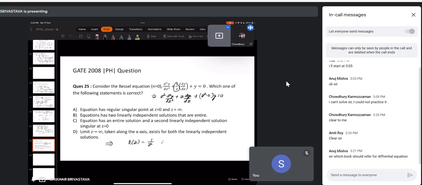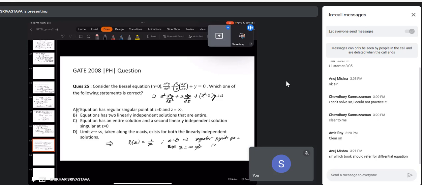So z is equal to 0 is your first singular point. You will find it is a regular singular point. So option A, that the equation has a regular singular point at z is equal to 0, is fine, but at z is equal to infinity, 1 by infinity is some finite constant. So z is equal to infinity is not a singular point. So option A is wrong.